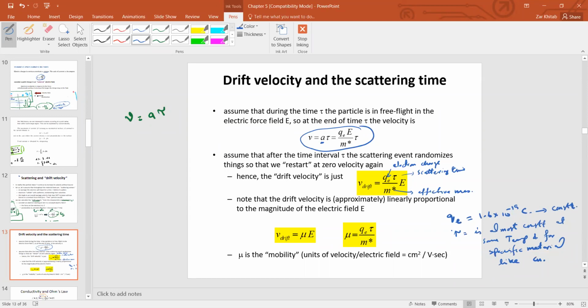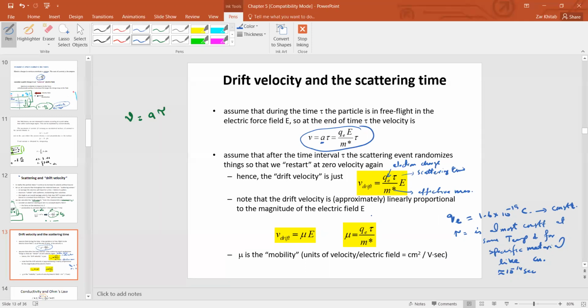We know it's nearly 10 to the power minus 14 seconds in copper. The effective mass also depends on the density of the material, so it is almost constant for copper, a different constant for aluminum, a different constant for gold, and so on.